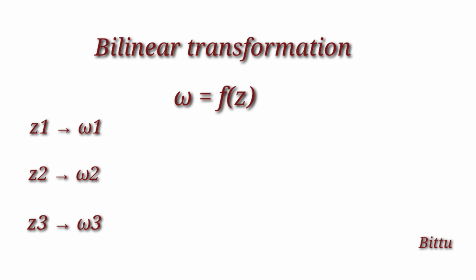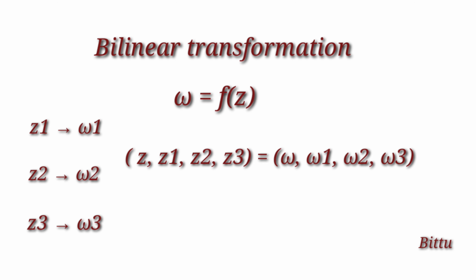So we can write cross ratio of z, z1, z2, z3 is equal to cross ratio of omega, omega 1, omega 2, omega 3. Next, by using the definition of cross ratio, expand the above equation. From this, we can easily find the bilinear transformation.